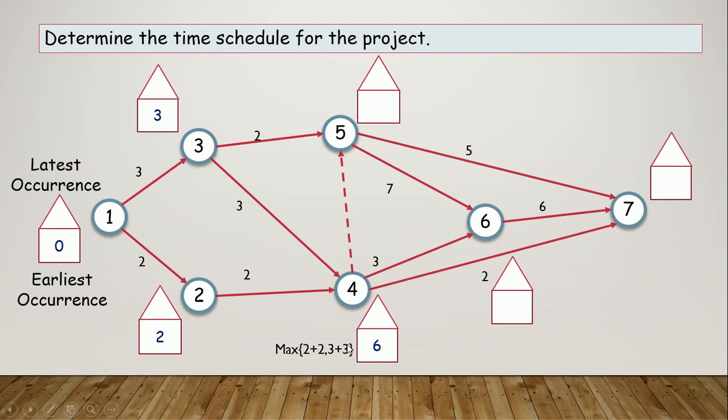These nodes represent activities. Suppose 4 to 6, this is the activity. This activity can be started only after completion of 2 to 4 and 3 to 4. But what happens, 1 to 3 and 3 to 4 can be completed only after 6 days.